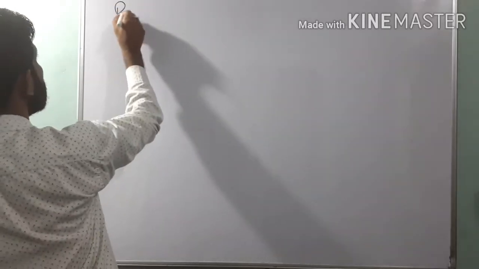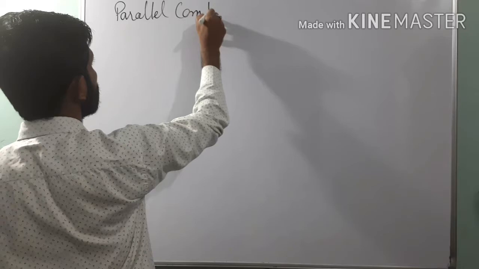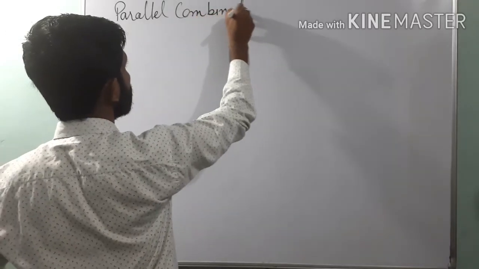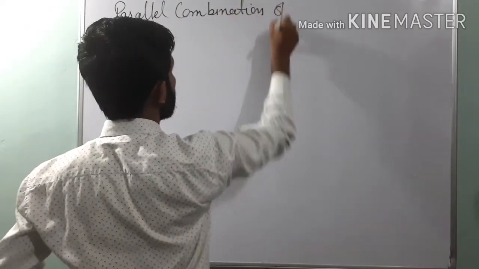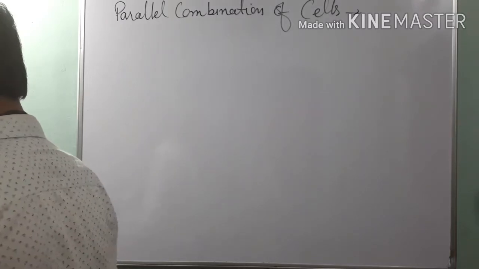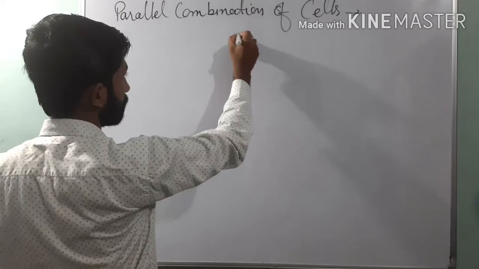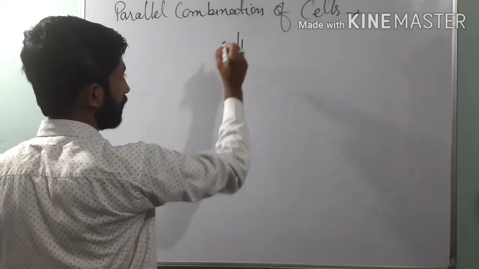Parallel combination of cells. As in the last video, the cells were primary cells. So this is, say, one cell.